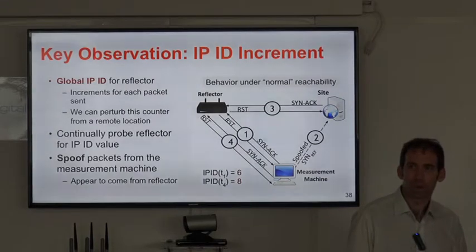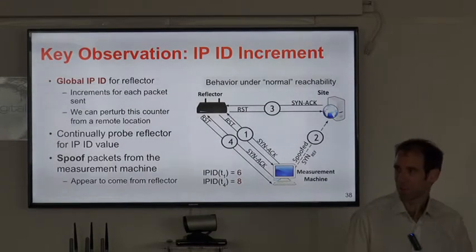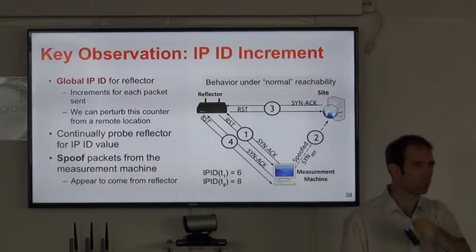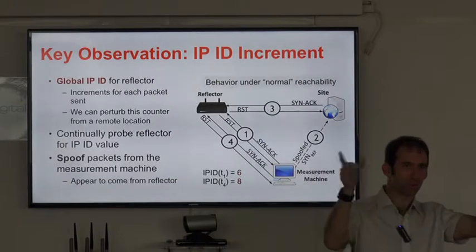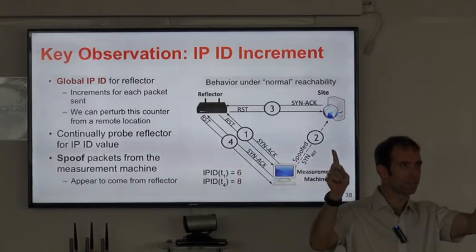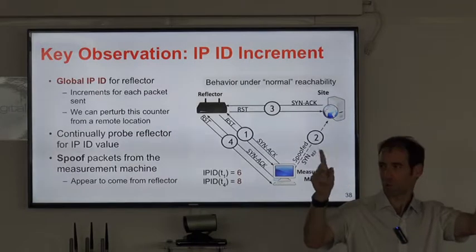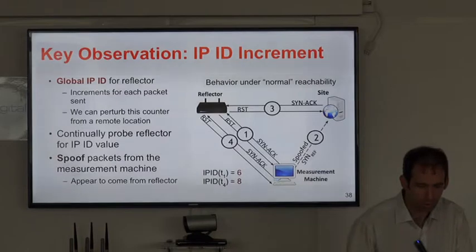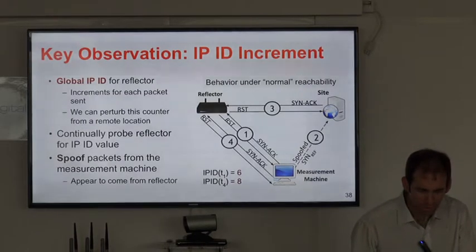If we spoof where the SYN is coming from, we can get that machine to send SYN-ACKs elsewhere. Now the SYN-ACK is going between two places where we don't control either endpoint, but I can start to infer things about the reachability between those two endpoints. That's the basic idea. This system is called Augur.